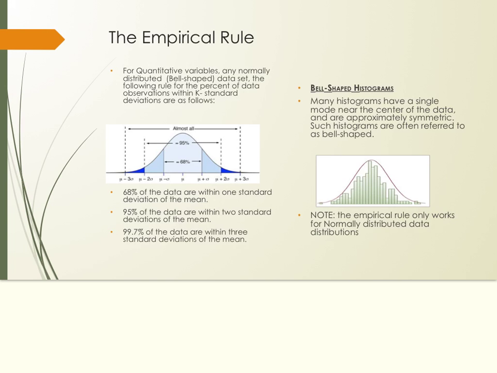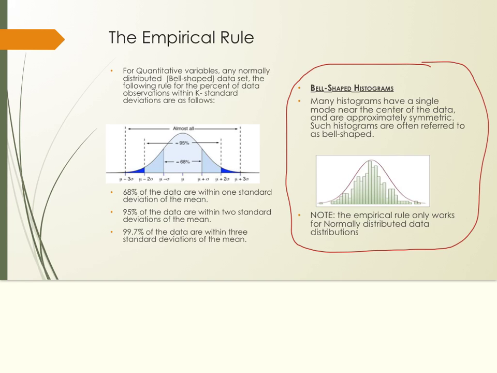So before we get to discuss the empirical rule, I want to chat a little bit about the bell-shaped curve, first of all. The bell-shaped curve essentially looks like an actual bell. It peaks here at the center, and it has kind of a symmetrical spread.